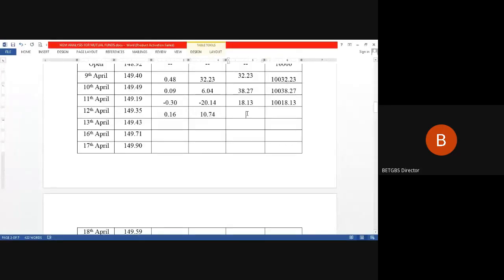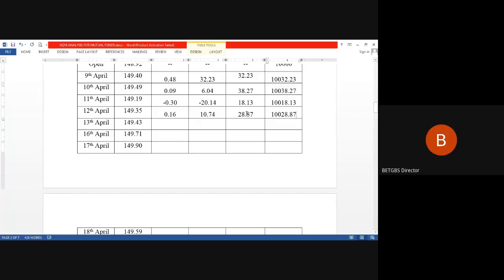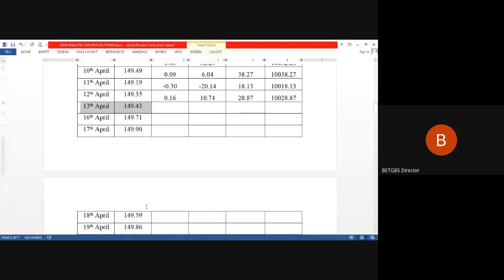This we have to add up now. So it will be 28.87, and the account balance will be 10,028.87.